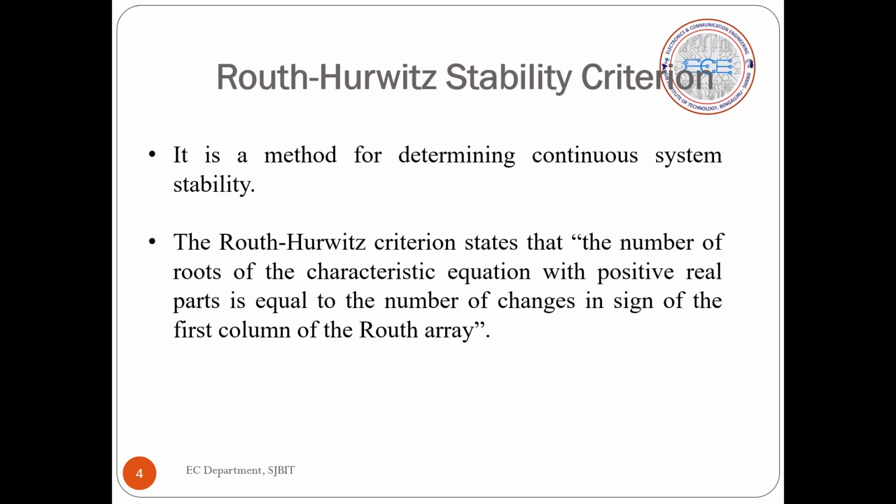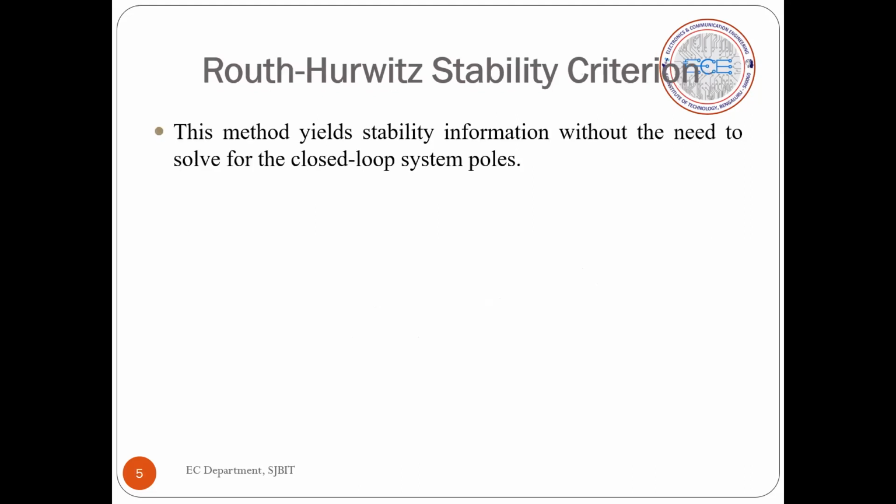We have to construct a table. In that table, the number of sign changes in the first column gives us the information about the number of roots in the right half of the S plane, which cause the instability. Thus it is going to give us the information about the stability of the system. So the stability of the system we will get to know without solving for the closed loop system poles.